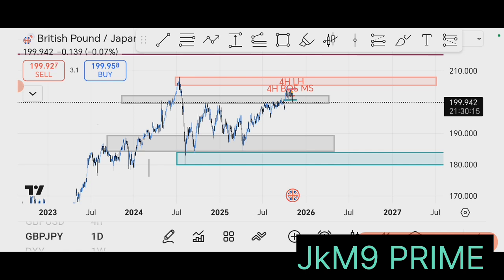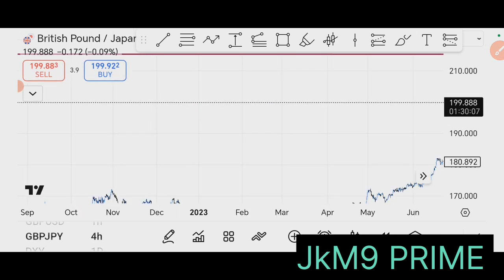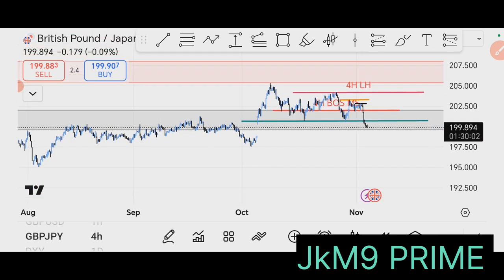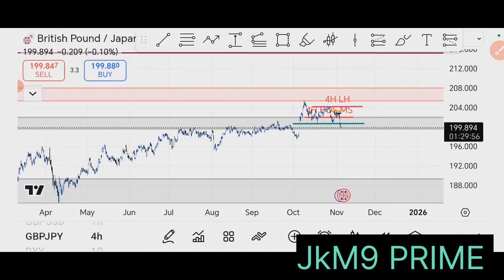So what we see next in this chart is that we are going to find any support or resistance nearby, and we can expect an entry based on that. Based on our analysis, price has already reached the supply area.